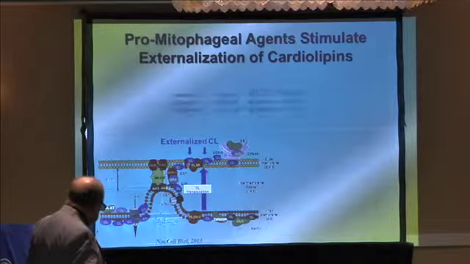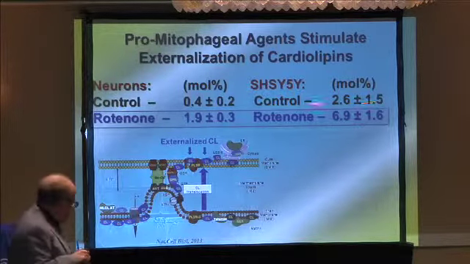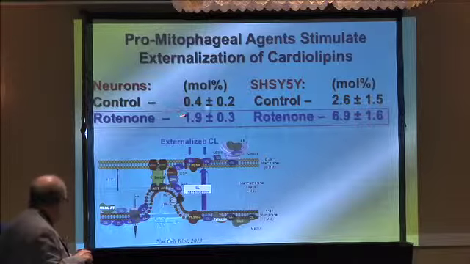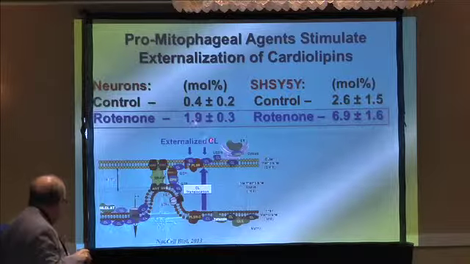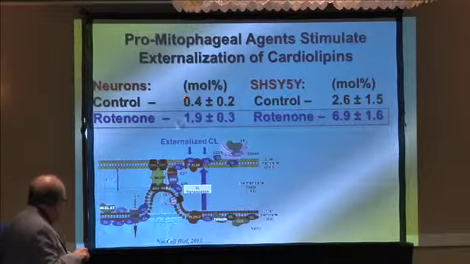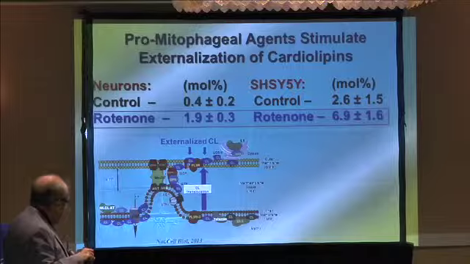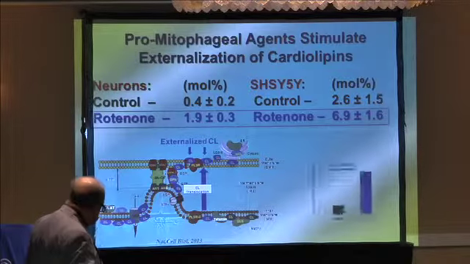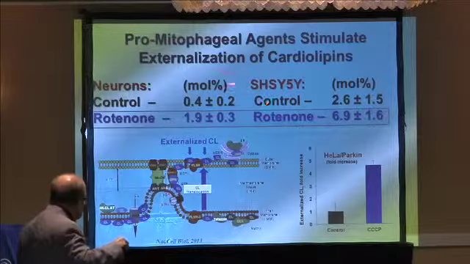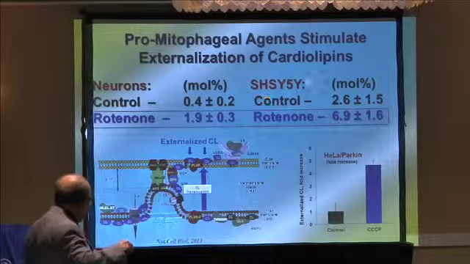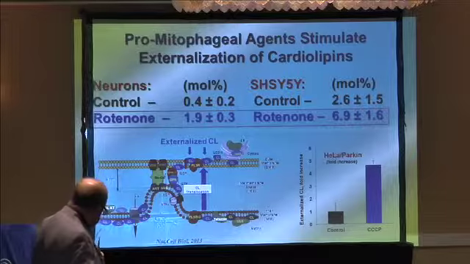Now if you also detect asymmetry of cardiolipin in membranes, you will be able to see that in conditions that are inducive of mitophagy, the externalization of cardiolipin becomes very obvious, a very significant multifold increase of the content of cardiolipin externalized on the surface of mitochondria in different cell types, in primary neurons, in neuron cell cultures, in tumor cells such as HeLa cells, and so on.